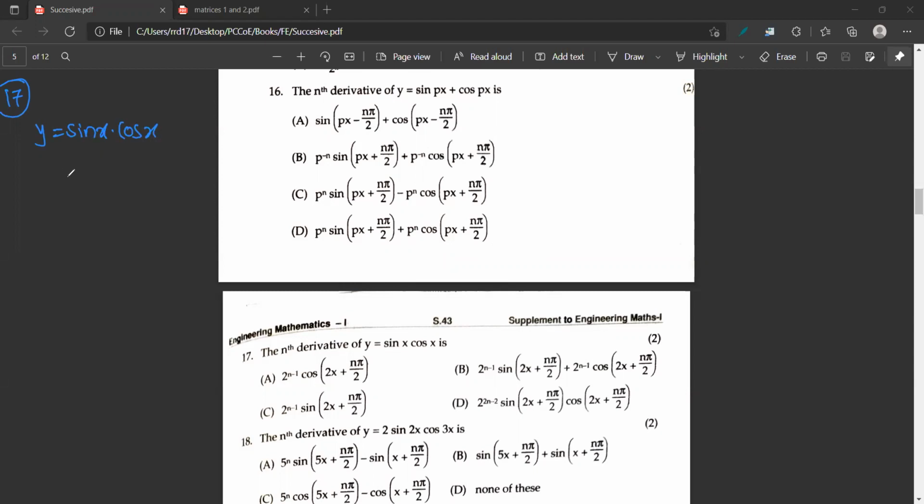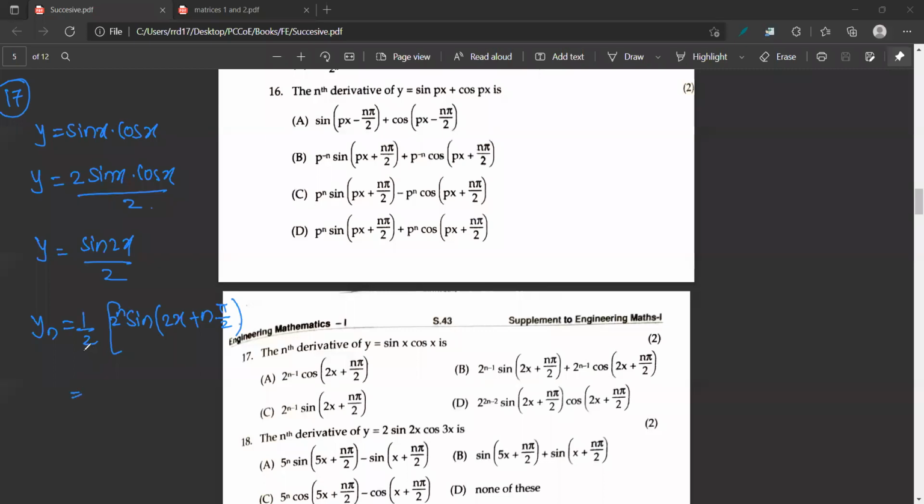See, try to convert it to the sin 2x formula. Yes, it is the sin 2x formula. You can adjust that. How do you adjust? We need to multiply and divide by 2. So 2 sin x cos x divided by 2. What we get? y is equal to sine of 2x by 2. Now just use the nth derivative formula of sine. So 1 by 2 in bracket, the nth derivative formula says it is equal to 2 raised to n into sine of 2x plus n pi by 2.